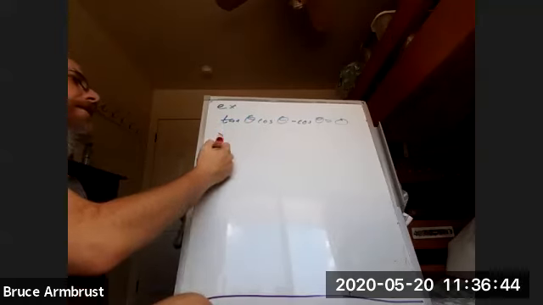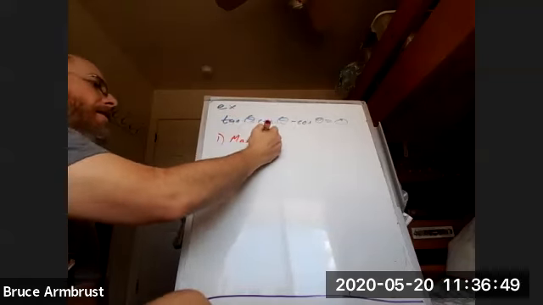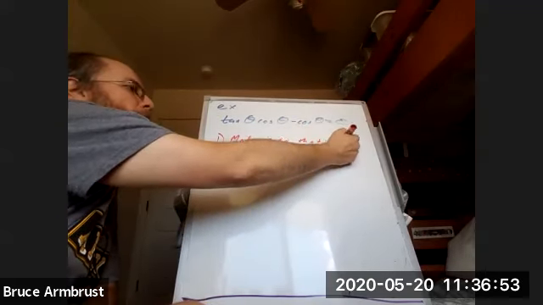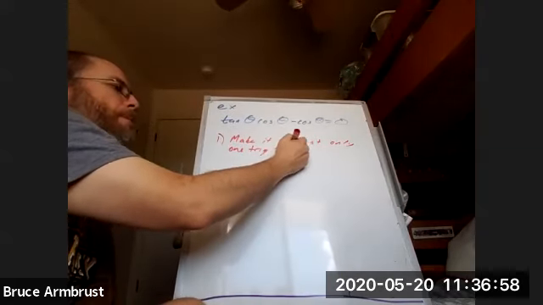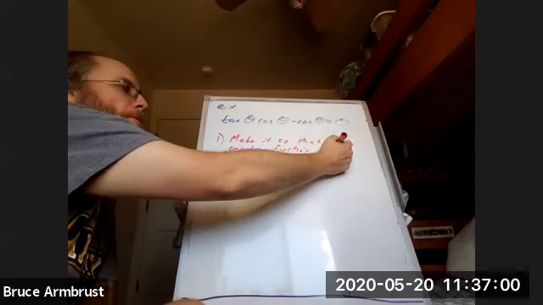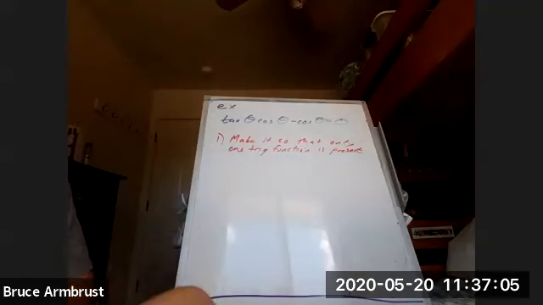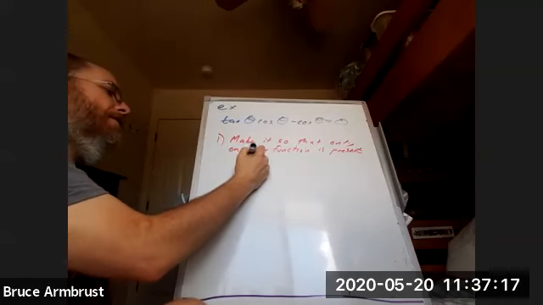One is we need to make it so that we have only one trig function. Okay, so I just wrote: make it so that only one trig function is present. If we're going to do that, this is going to require us to use identities.